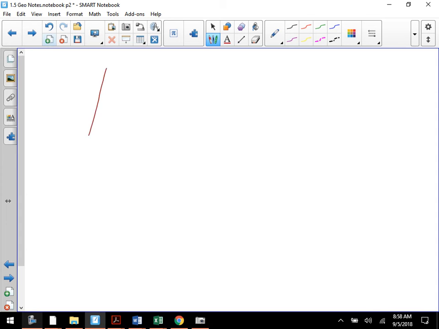Okay, plane F. Then it says line NR not in the plane. So where do you draw the line? Outside that box, or outside the parallelogram. It's called NR. It doesn't have to be in the plane. As long as it's not in the plane, then it's not in the plane. That's what that means. Draw a picture of something that's not there. Okay.